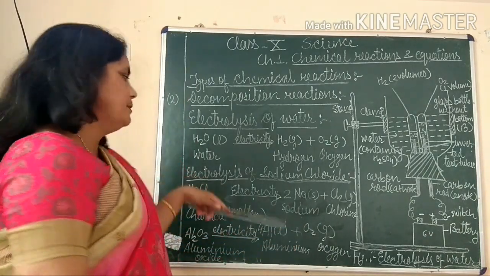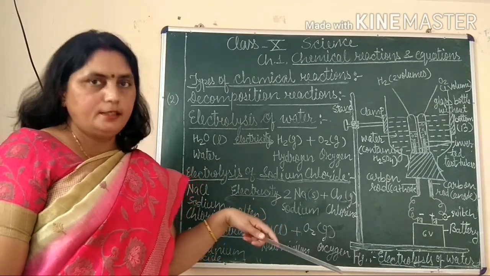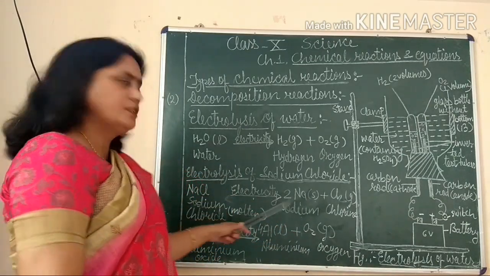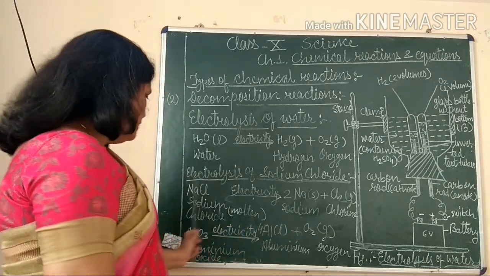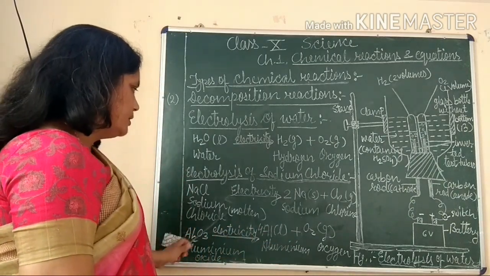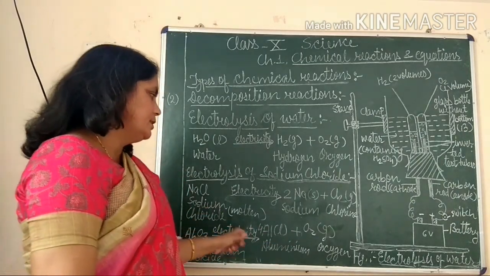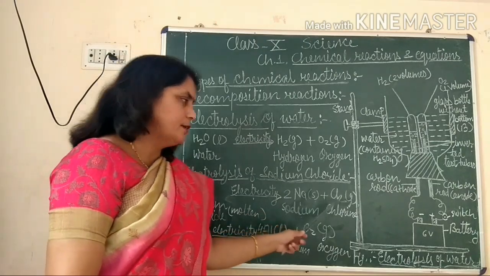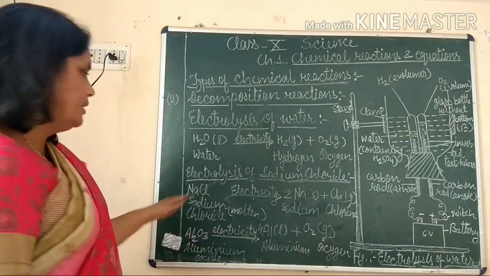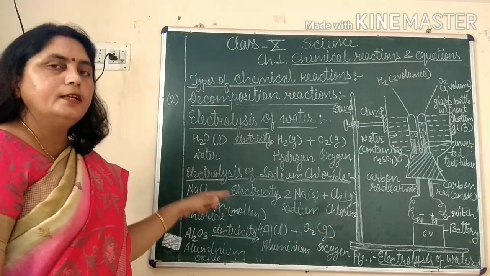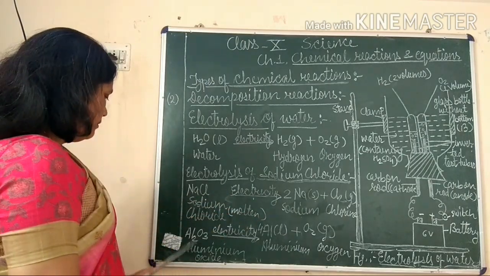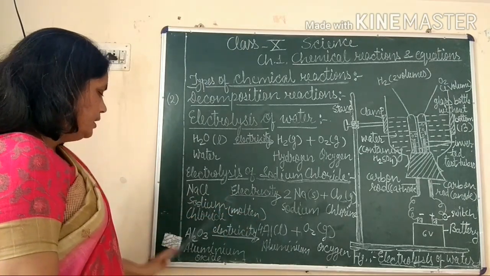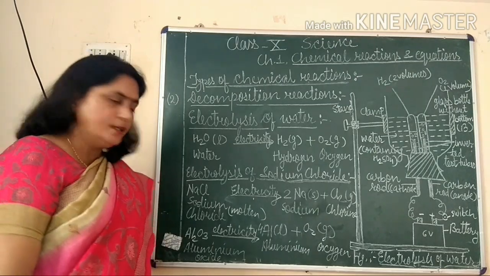This type of experiment is conducted at industrial level for extraction of metal. So molten sodium chloride on passing electricity converts into sodium and chlorine, and because electricity is passing, it is also electrolytic decomposition. Now aluminum oxide is also taken in molten state.